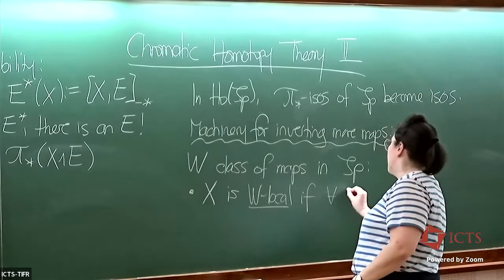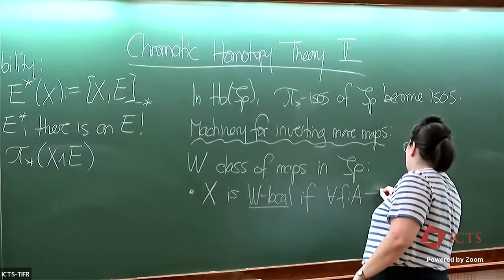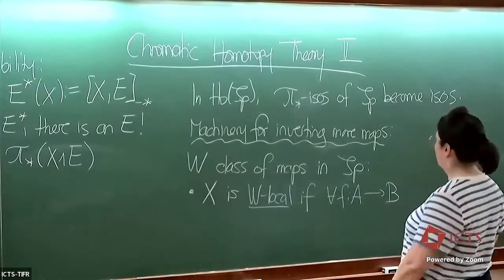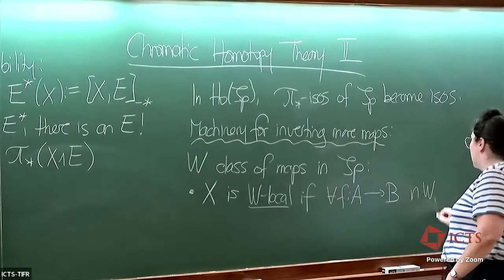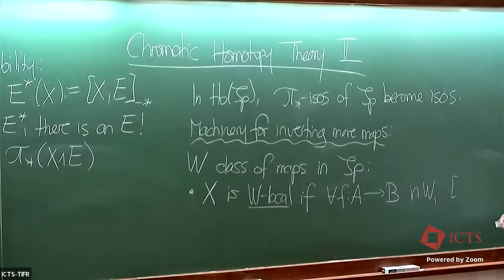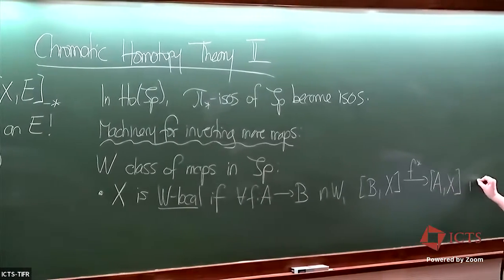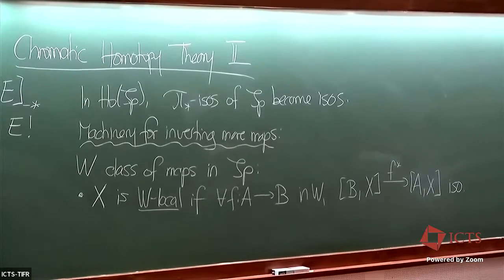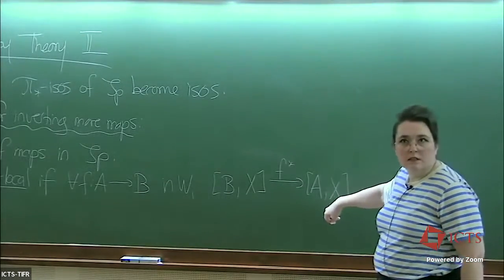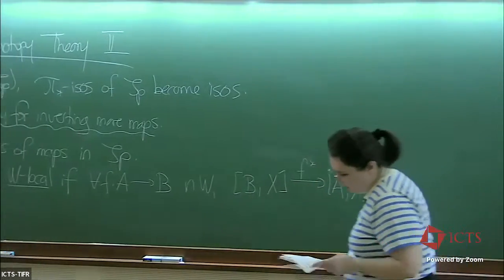So if for all maps in W, the induced map, where I will put the X in the second spot, is an isomorphism. So W local means this guy sees the maps in W.